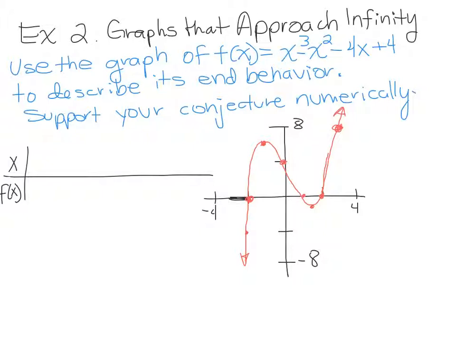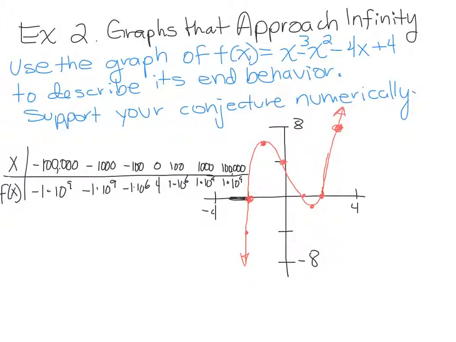But now let me go ahead and check that numerically. And I already constructed a table. As you can see, as you go to a negative 100,000, the y value is going to be negative 1 times 10 to the 9th power, which means that this has a negative 1 and then 9 zeros, which is 1 billion negative.